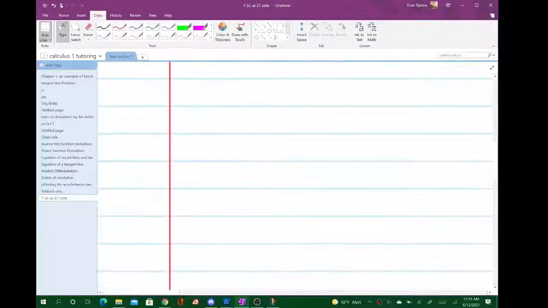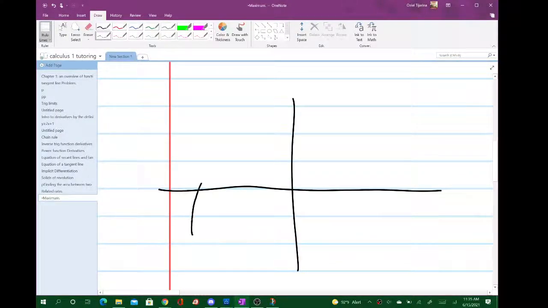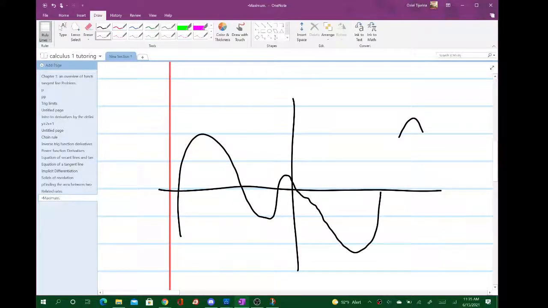We also did in pre-calculus the difference between when we have a curve, right? So let's say we had something like that.